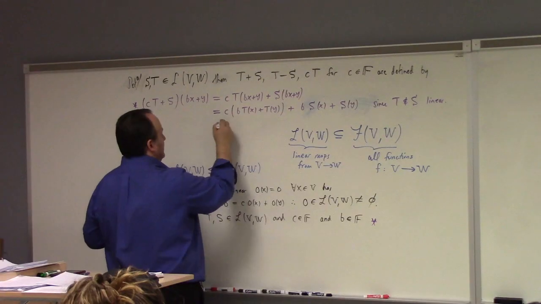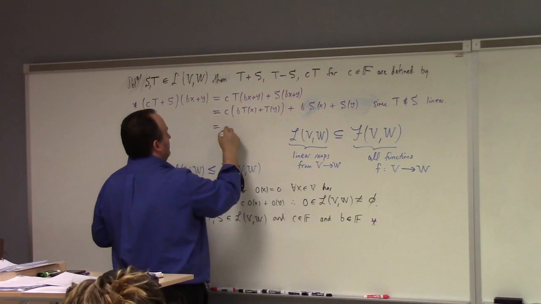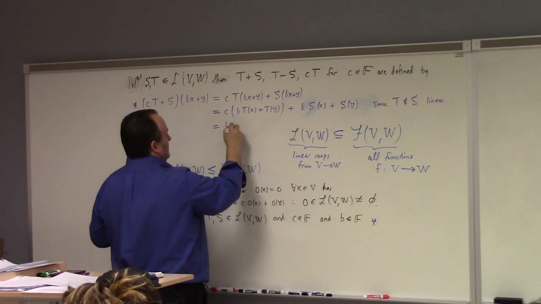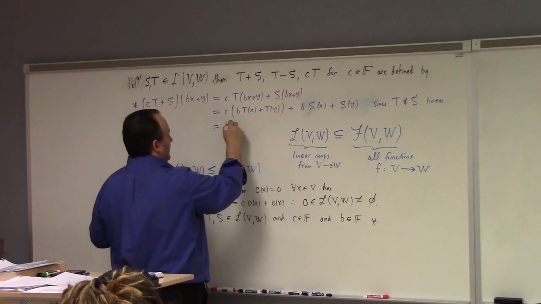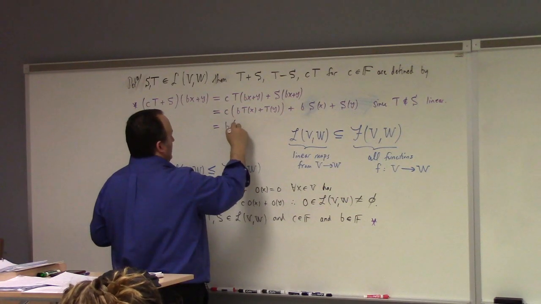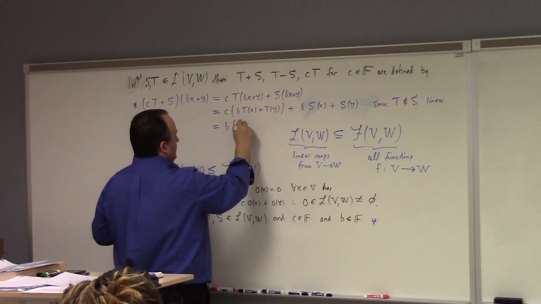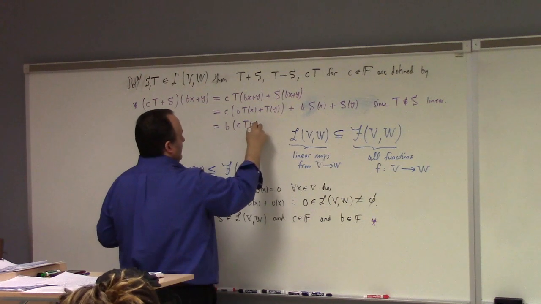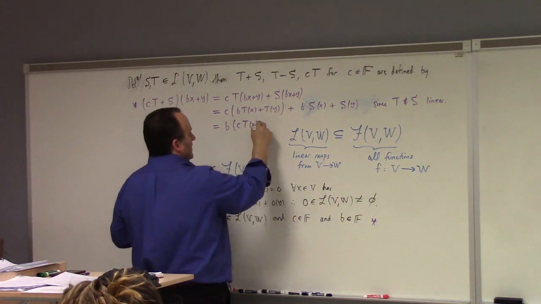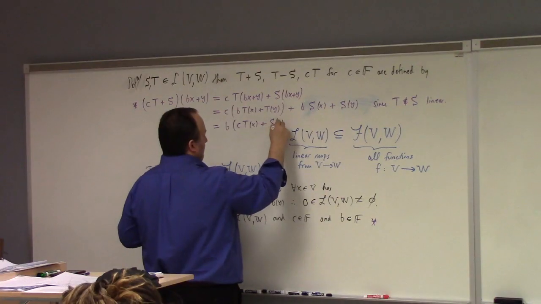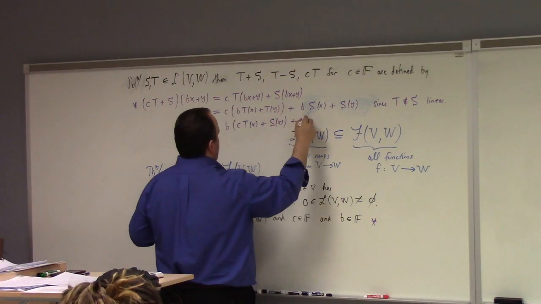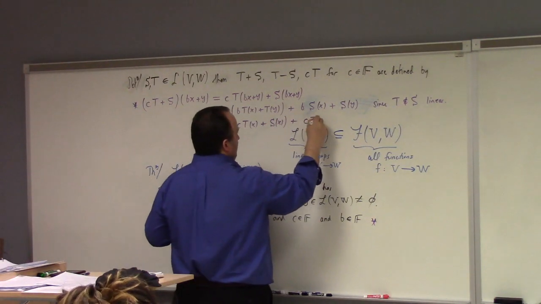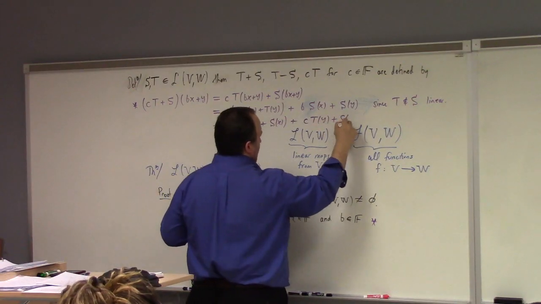But then this gives me B times parentheses C T of X plus S of X, plus C T of Y plus S of Y.